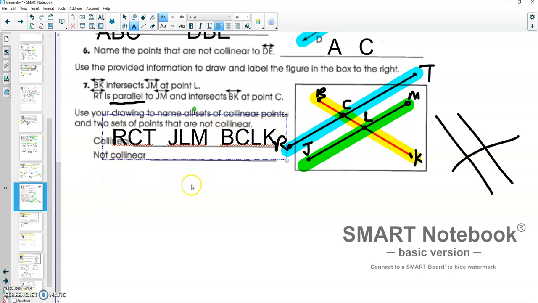What's not collinear? Okay, so let's do it again with the colors. So what is not collinear on RCT? It's everything else. Okay? And if I looked at JLM, all the other points are not collinear.